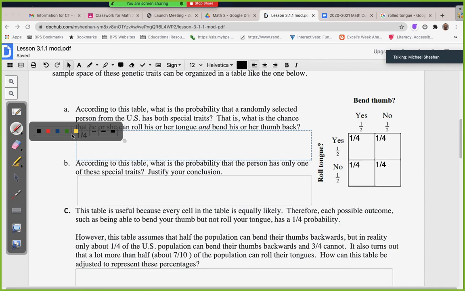So how many people can do just one? Well, it's these people and these people, right? So it's 1/4 plus 1/4, equals 2/4. Good, 2/4 or 1/2. That makes sense.